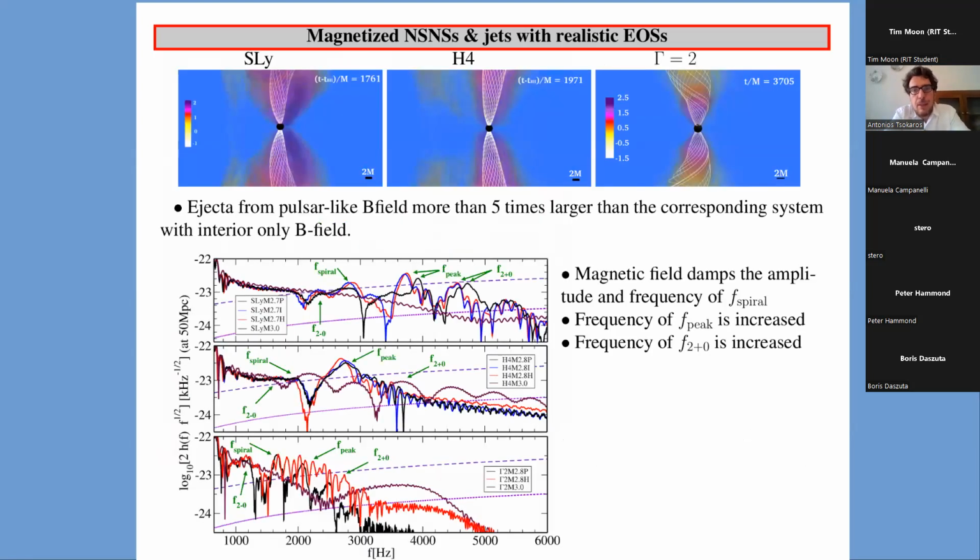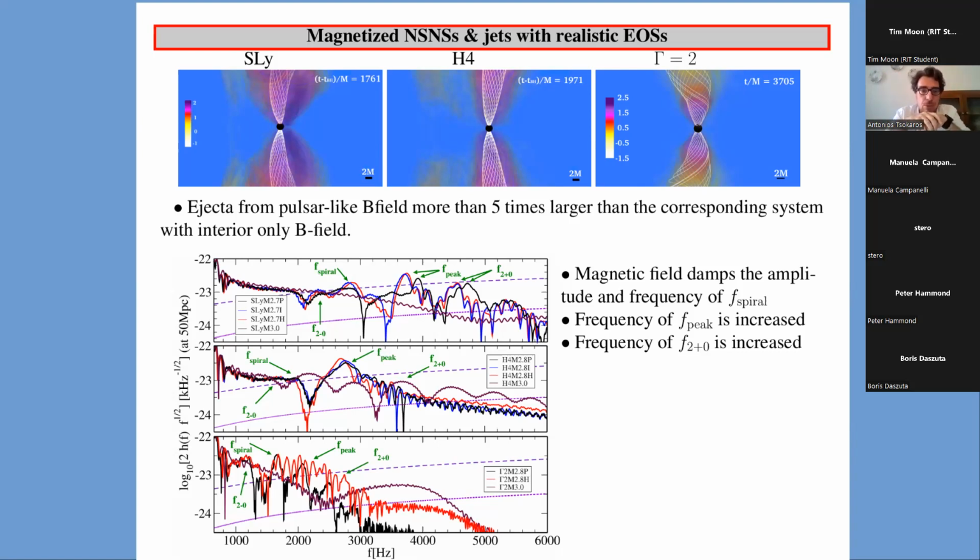Here I have the b squared over 2 rho factor for 3 different equations of state: the SLY, which is a relatively soft equation of state, the H4, which is relatively hard, and the gamma equal 2. And you can appreciate how much bigger b squared over 2 rho is, for example, for the SLY versus the H4 or the gamma equal 2. Also, I want to mention that the ejecta for the pulsar-like magnetic field run was 5 times larger than the corresponding one when the magnetic field was only interior to the neutron stars.